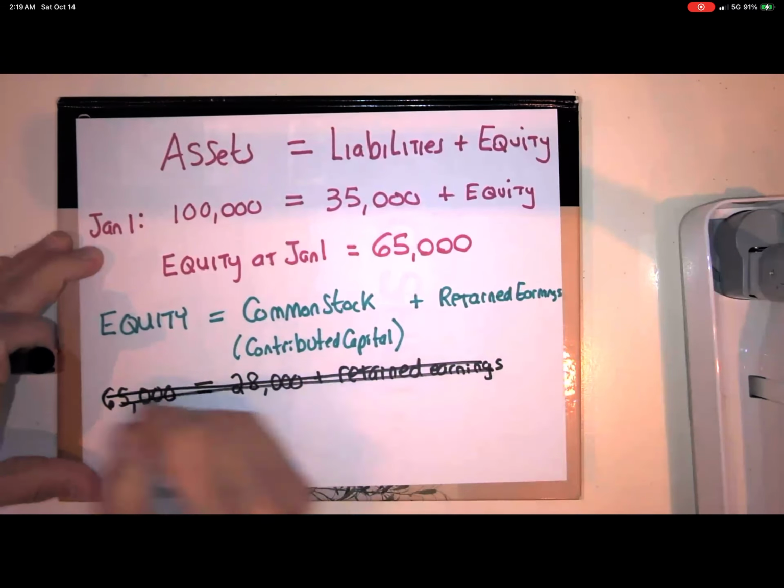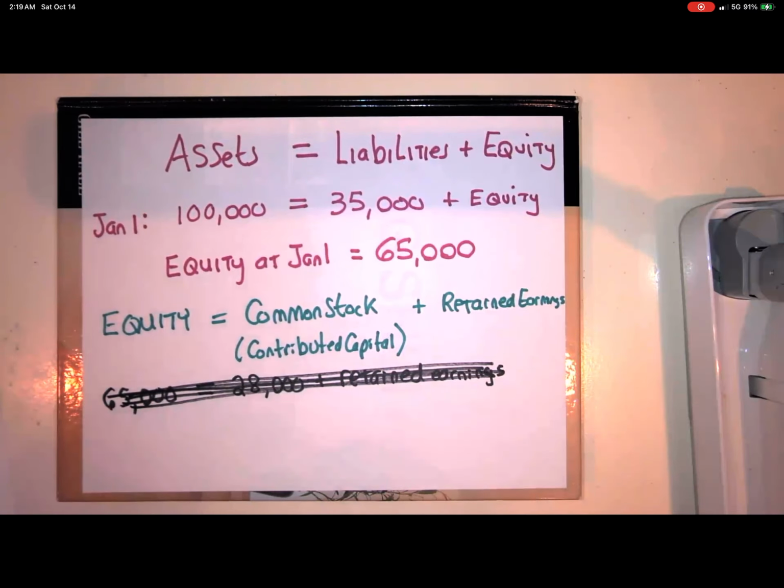Let's scratch that out. Matthew, can you please turn the microphone back on? So Matthew, what we've got to do is figure out the common stock balance at January 1 so we can then solve for the retained earnings. Do you have any suggestions on how to do that?